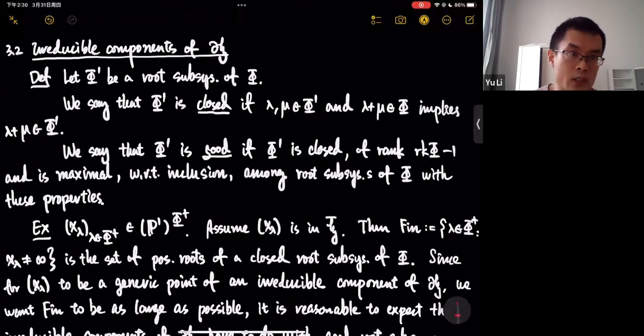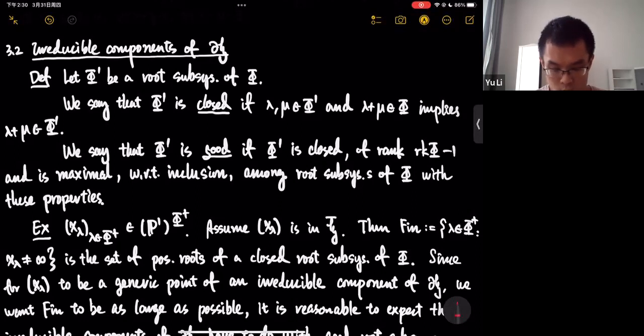The general question I want to answer in this subsection is how do we label the irreducible components of the boundary, and in particular, can one compute the number of irreducible components in the boundary? To answer that, I need some notation. Let phi prime be a root subsystem of phi.